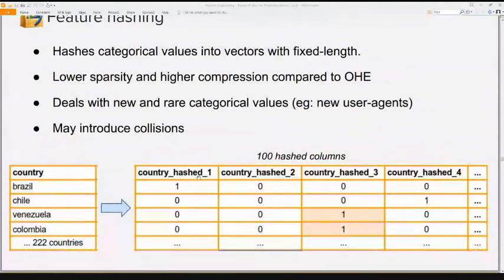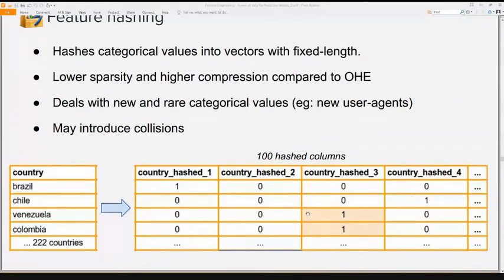So country hashed one. This is hashing. Brazil is more like one-hot encoding, but it compresses. Each item is meant to have its own hash. So you're saying Brazil will take country hash 1, then Chile will take country hash 2, Venezuela country hash 3, and so forth. That's how one-hot encoding would work.